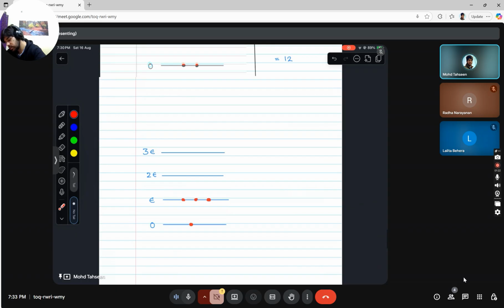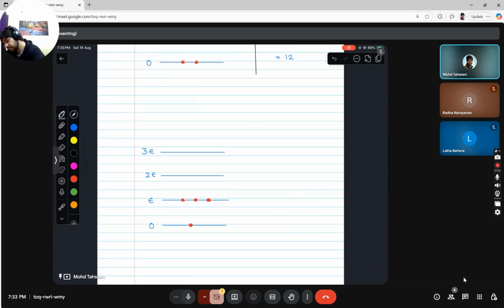Let's take a look at this one also. Can you tell me what would be the number of ways here? If anyone wants to attempt, how do we calculate the number of ways?